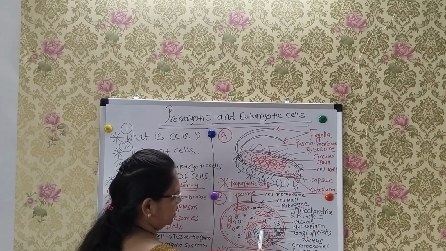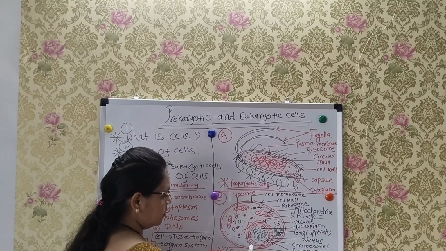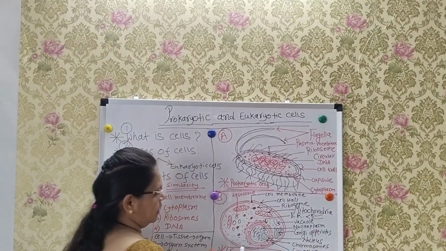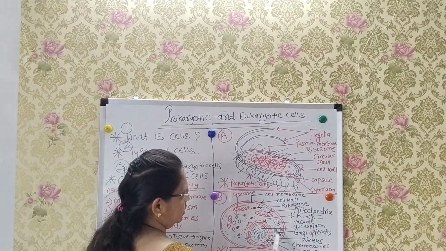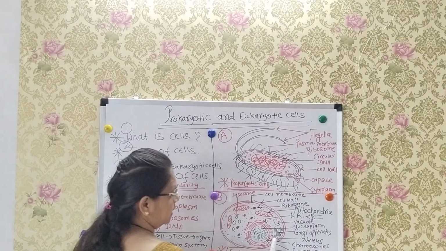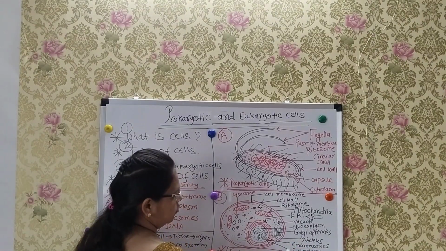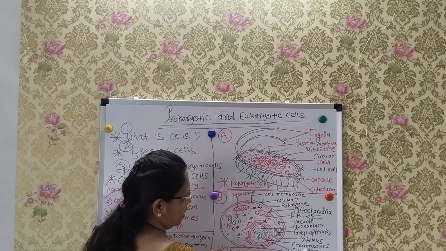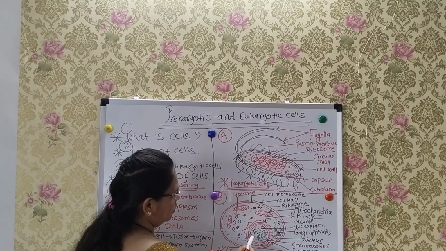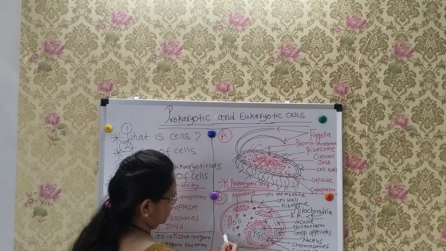The nucleus is also found in a well-developed condition. In the nucleus, the nucleolus is also found in eukaryotic cells. In the nucleus, a jelly-like substance is also found; we call that nucleoplasm. In the nucleoplasm, chromosomes are found. A jelly-like substance is also found between the nuclear membrane and the cell membrane.